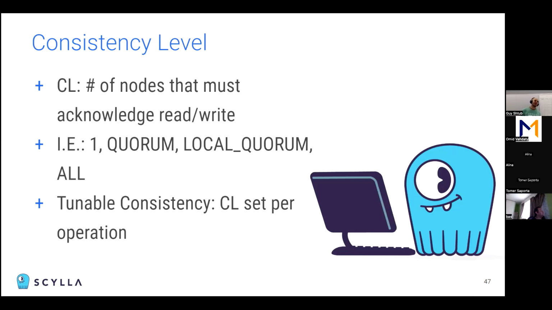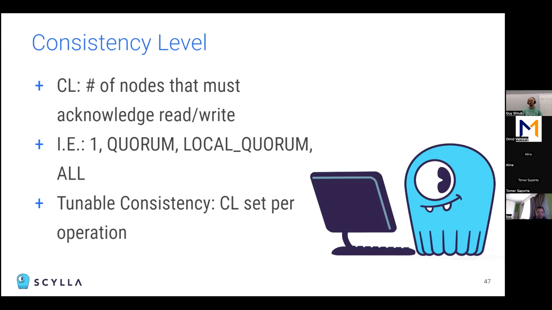Think, for example, say we have an IoT application and we're using some sensor to write the temperature every second. Okay, that's what we're doing. Every second we're writing temperature, temperature, temperature. So maybe the consistency level of a single write is not that important. If we miss 1 second, it's not that bad.